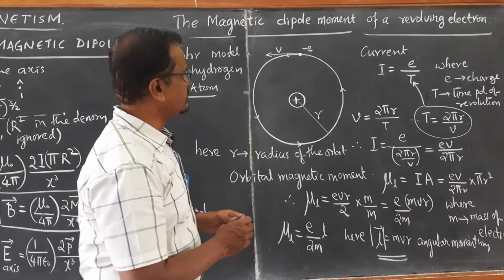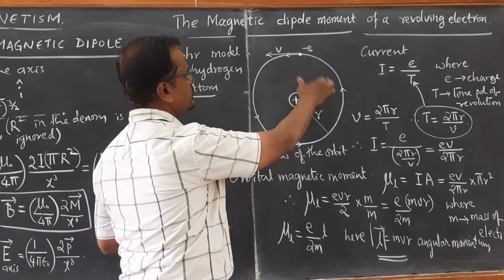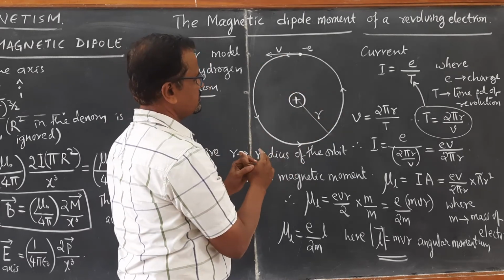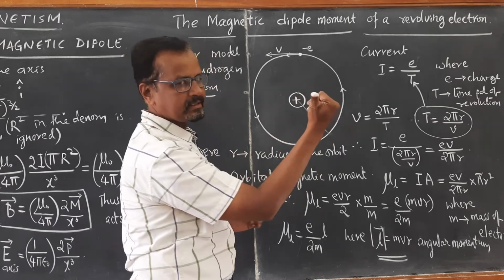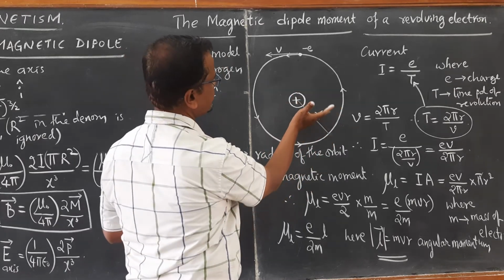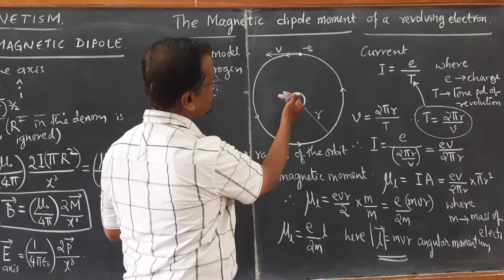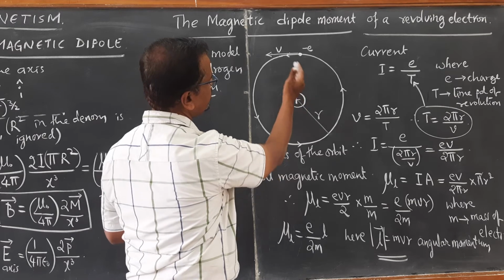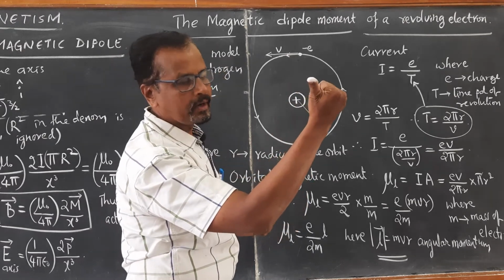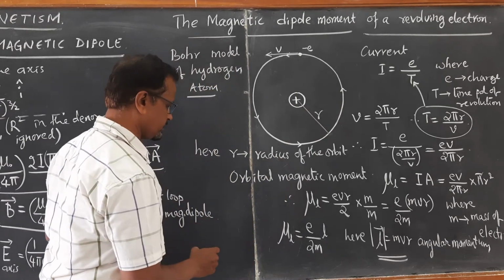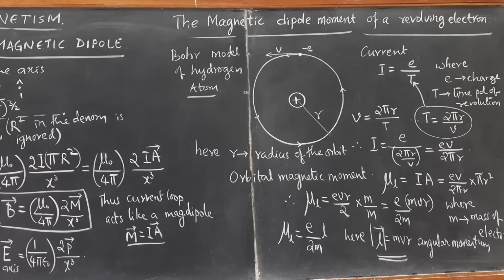When the electron revolves in the anti-clockwise sense, the direction of angular momentum is perpendicular to the plane containing linear momentum and radius, as we learnt last year. So it will be pointing vertically outwards. I will write here L vector points vertically outwards.